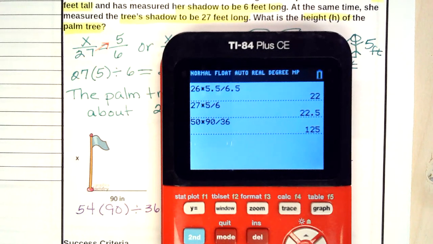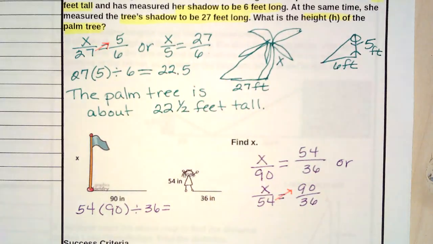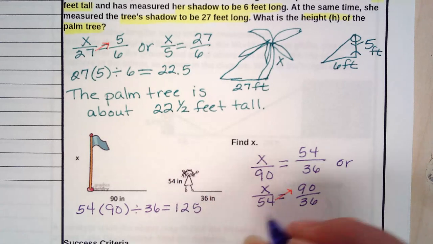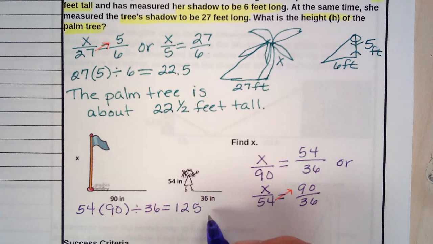And you end up with 125. And that would be inches. Do we usually do things in inches? No, we usually do them in feet.